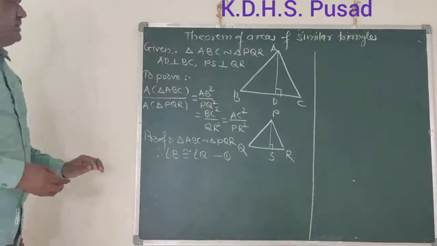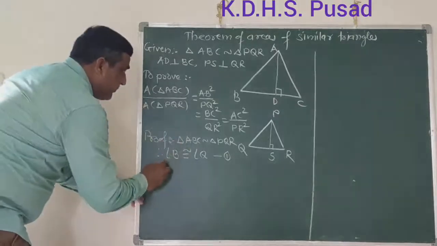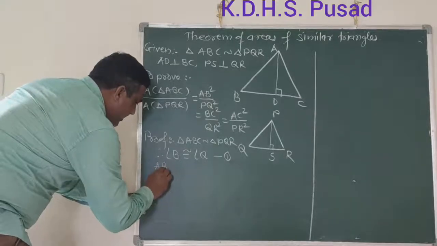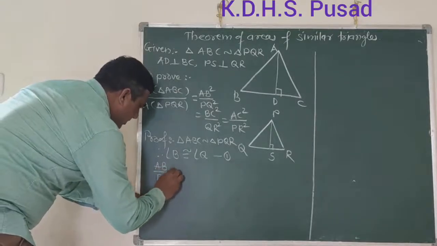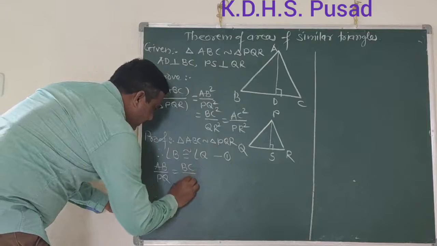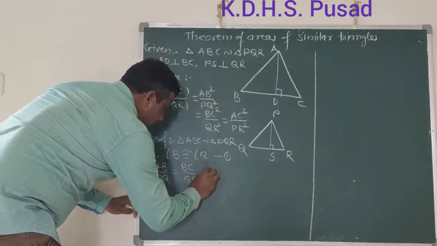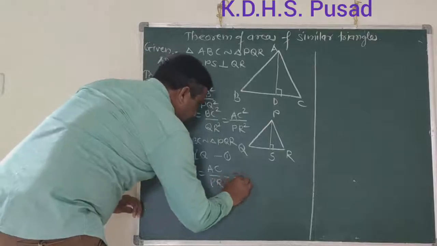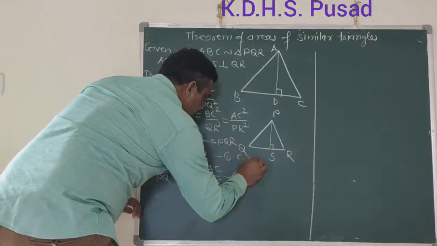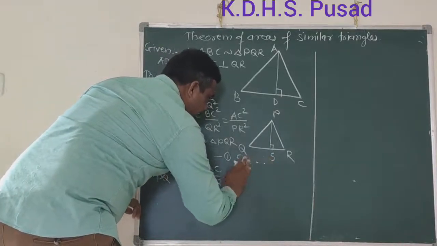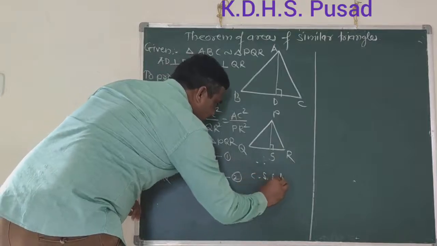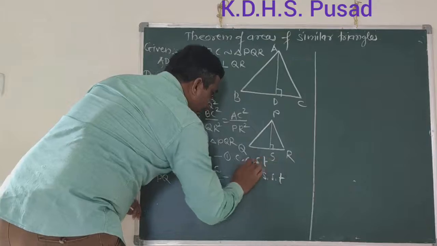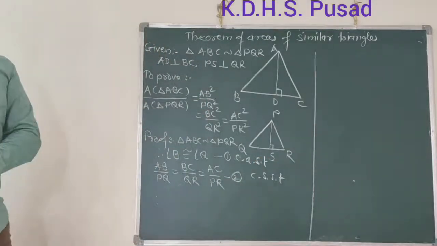And then corresponding sides are in proportion. So AB by PQ is equal to BC by QR is equal to AC by PR. Equation 2. Here, CAST: corresponding angles, corresponding sides.